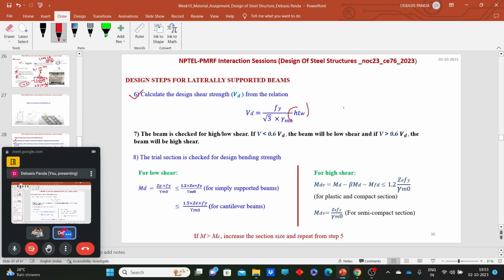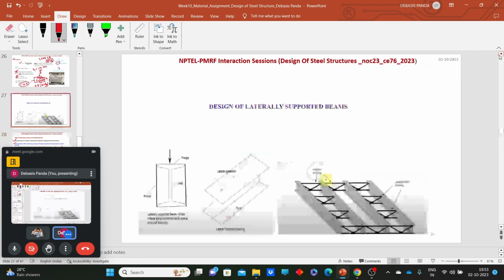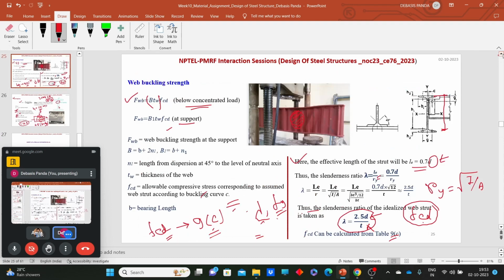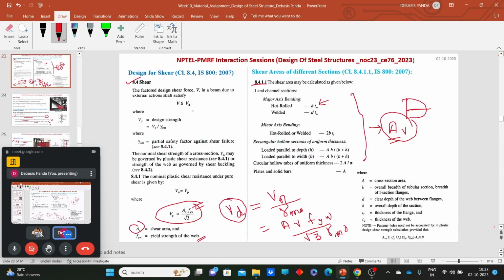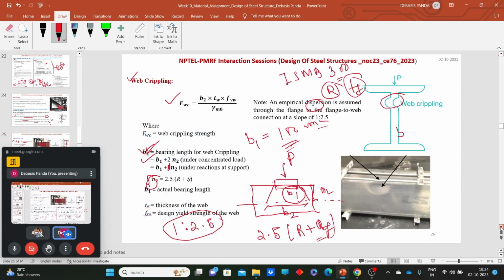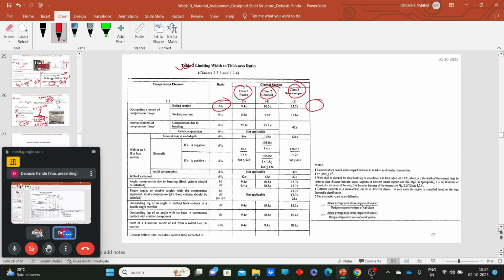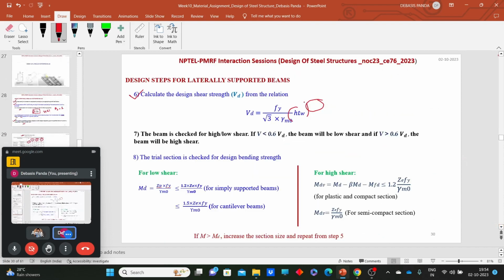We just saw the clause for design shear, 8.4. So AV for a rolled section is H into TW. I have written it directly here. So that is the design shear strength.